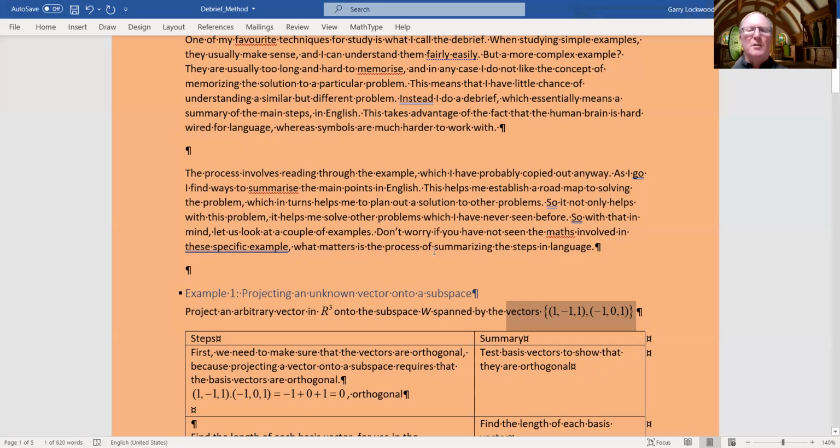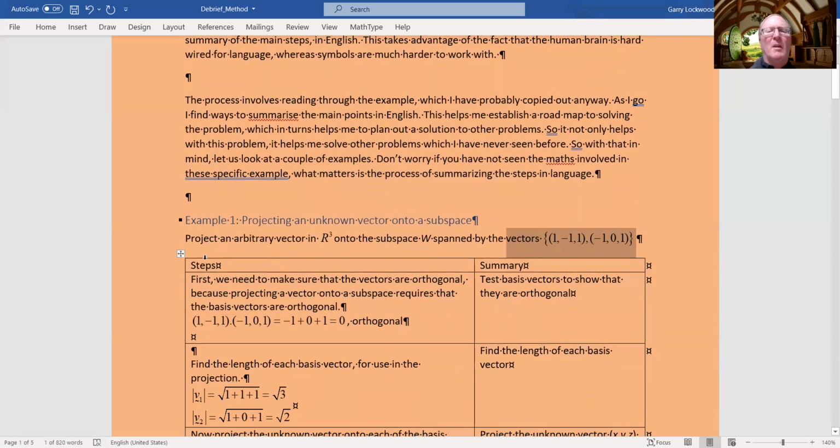Now, when we project it onto a subspace, we've actually got to project it onto these basis vectors.